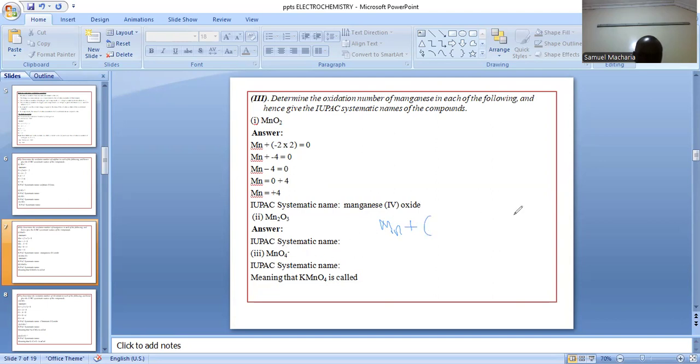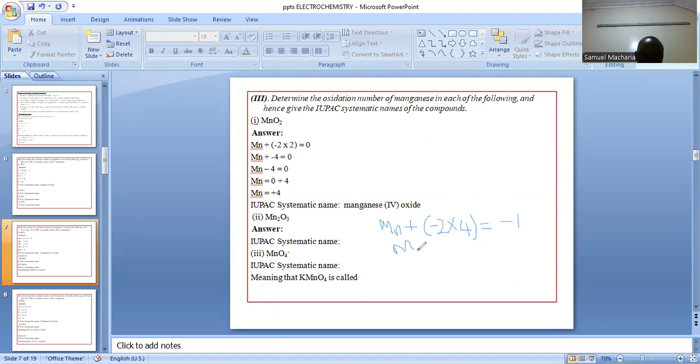The oxidation number of oxygen is -2. And because there are 4 oxygens, you multiply by 4. In the bracket, the total equals the total charge, which is -1. So -2 times 4 is -8.